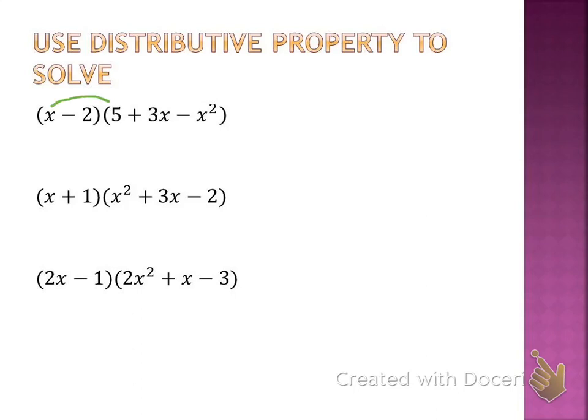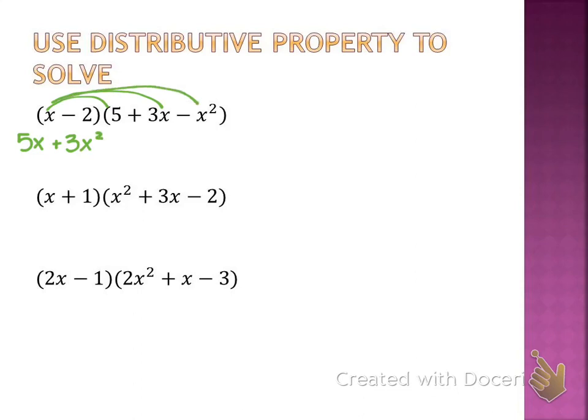Still, I'm going to multiply x by everything inside the parentheses, but then I'm not going to be able to stop there because I also have a negative 2 that needs to be multiplied by everything in the parentheses. Okay? So, let's go ahead and start that. X times 5 is 5x. X times 3x is 3x squared.